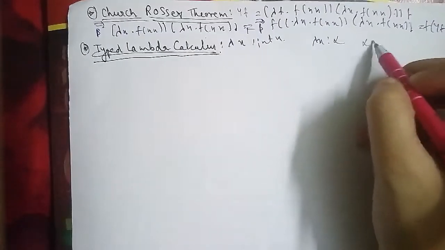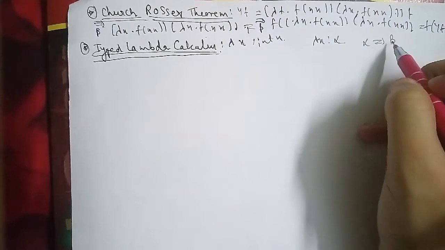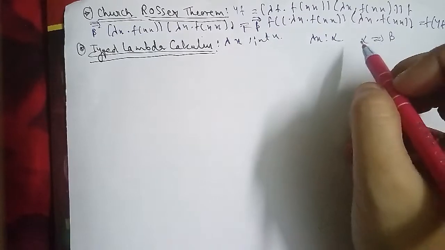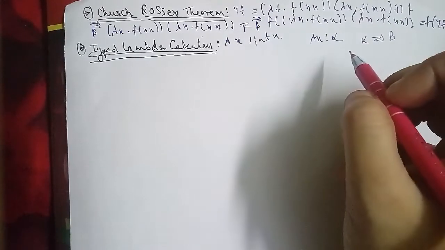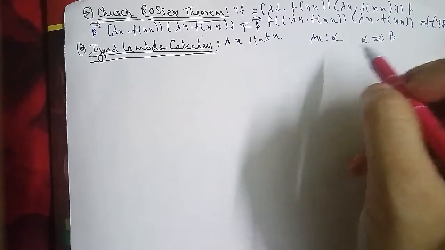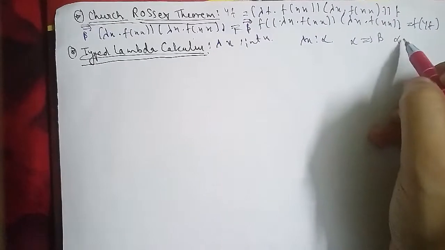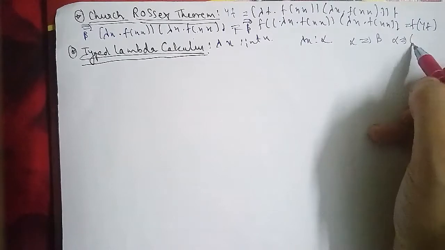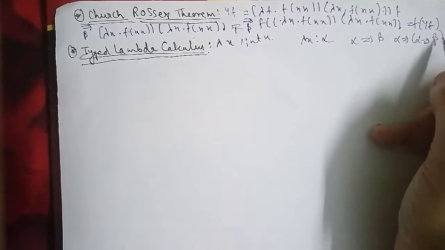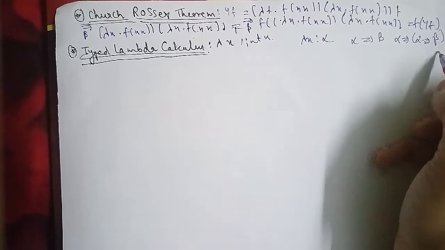And for an application of expression 1 to expression 2, the type of expression 1 is alpha tends to beta and the type of expression 2 is alpha. So let's go ahead and discuss the next topic, which is to describe the type system in detail.